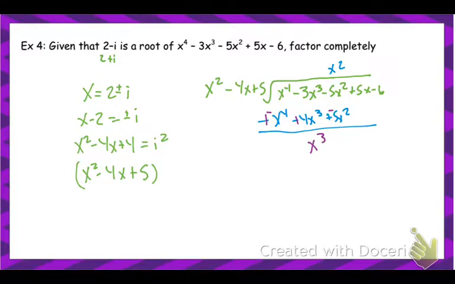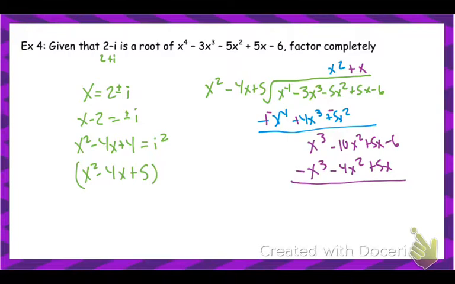So I have x cubed, that becomes minus 10x squared plus 5x minus 6. That would give me plus x, multiply, and I'm going to subtract. So I'm going to change my signs. So that gives me negative 6x squared minus.